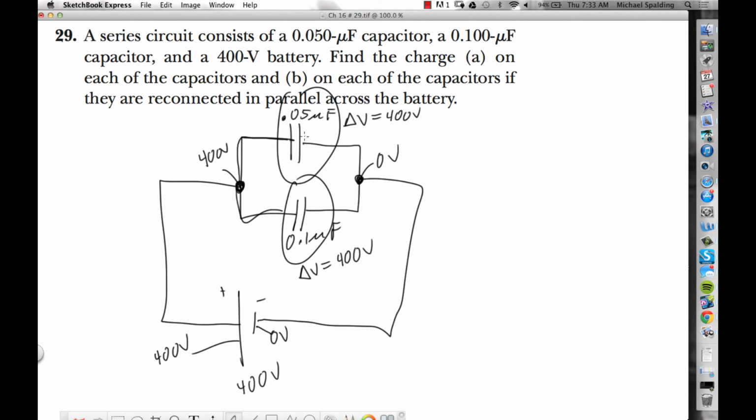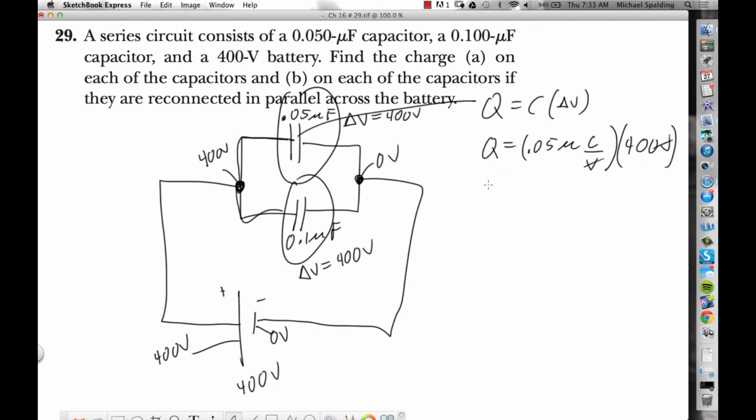So finding the charge, Q equals C times delta V. We'll do this for the top capacitor, 0.05 microfarad. A farad is a coulomb per volt, and then we got 400 volts. The volts cancel, and we get 20 microcoulombs.